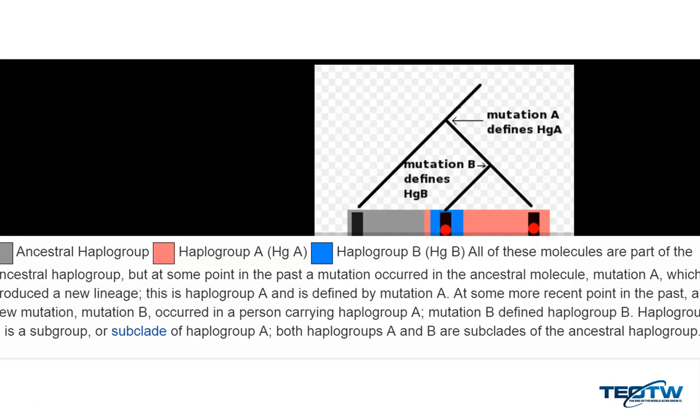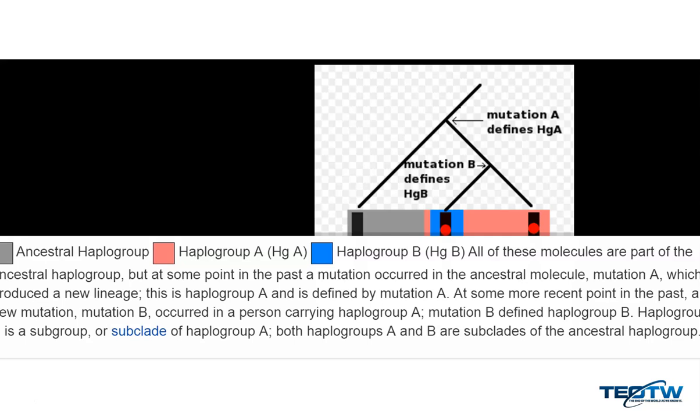So anyway, you have your ancestral haplogroup in gray, right? Great great great great grandfather. So your great great grandfather, let's say Adam is your ancestral haplogroup, right? A0. And so let's say Abraham is your haplogroup A. He deviated, his gene mutated from Adam.